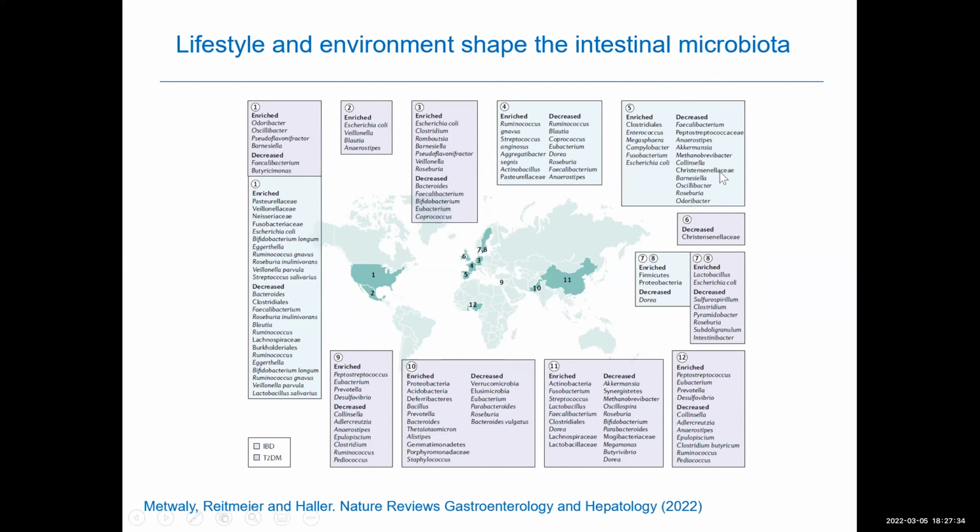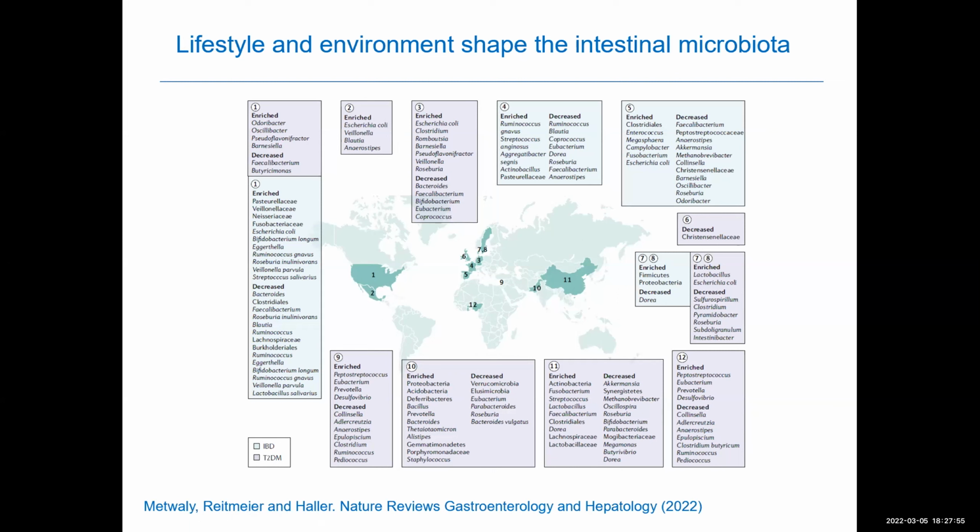Here we identified, for example, the bacterial taxa which would be enriched or decreased in each location, and in inflammatory bowel disease or in type 2 diabetes. And what we can see is that we have a very heterogeneous picture. We have a little overlap.